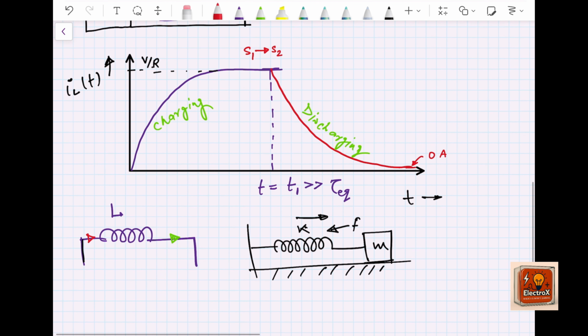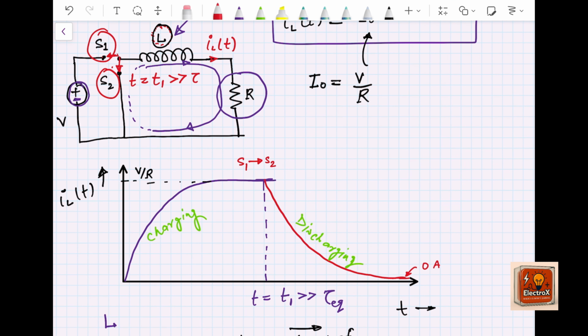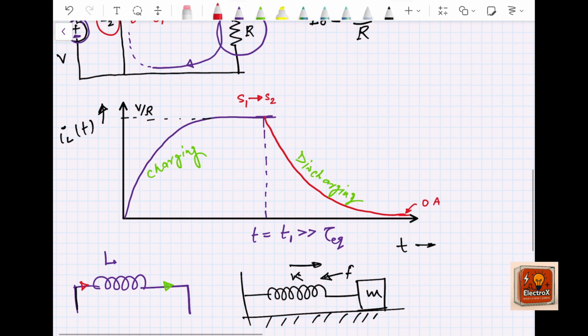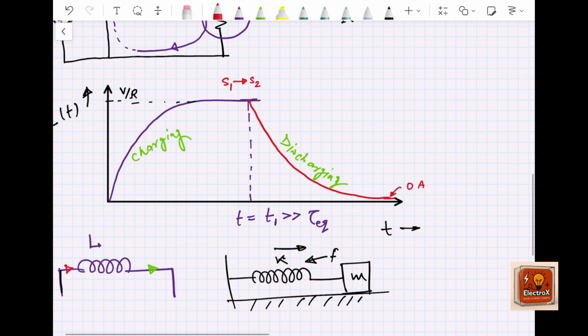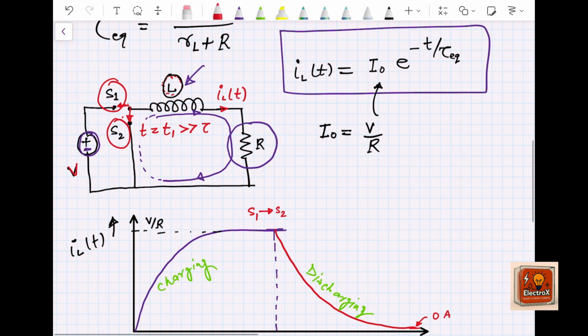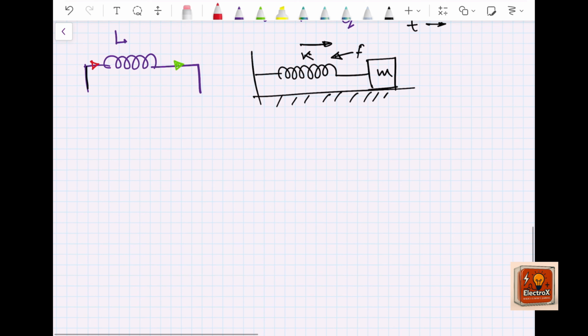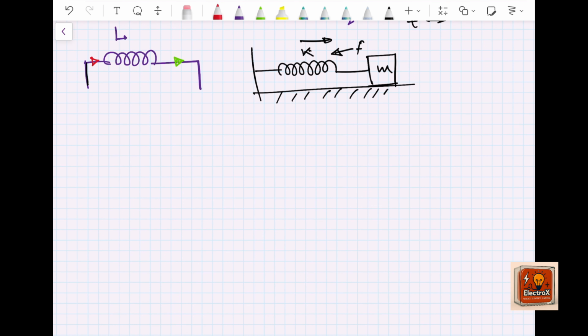So what will happen? Let us say initially the inductor was fully charged, and then it was allowed to discharge, and then again it is connected to the source voltage V, and then again it starts discharging to the resistor. So how will that current profile look?